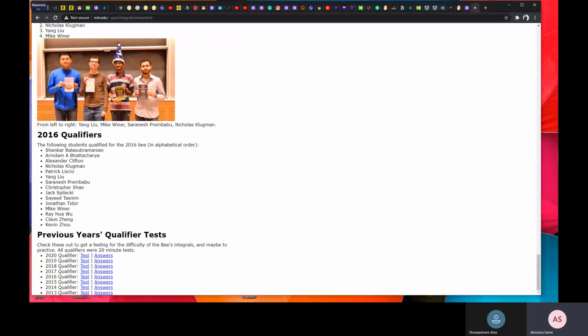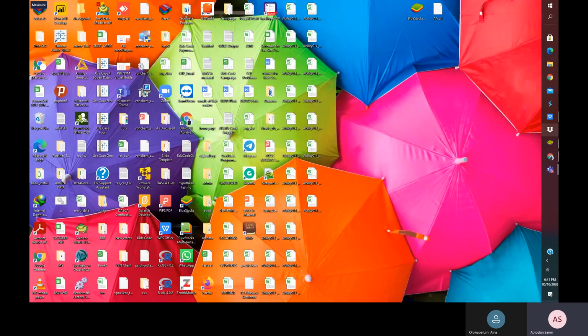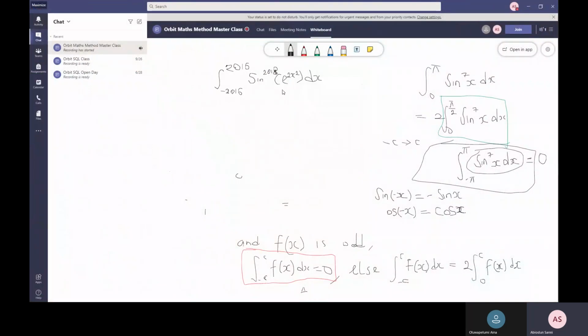So moving on. That's for the reduction formula for sine and cos. Now for multiple functions, like the product of two functions.